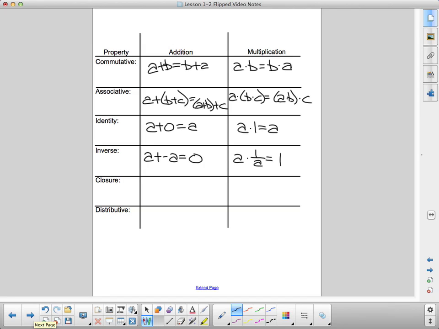Next one we have is closure. This is kind of an abstract property. We won't use it too much. For addition, it just says that A plus B is a real number. For multiplication, it says A times B is a real number.